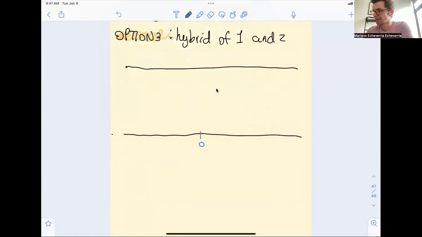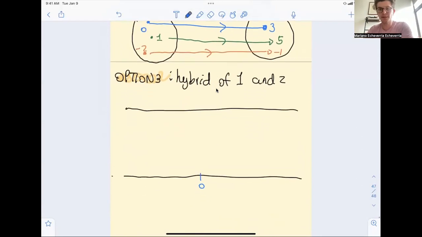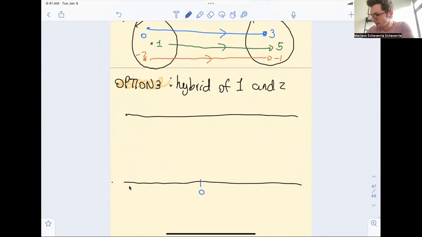Sorry about that. Can everyone hear me well, by the way? Okay, so 0 goes to 3, 1 goes to 5.